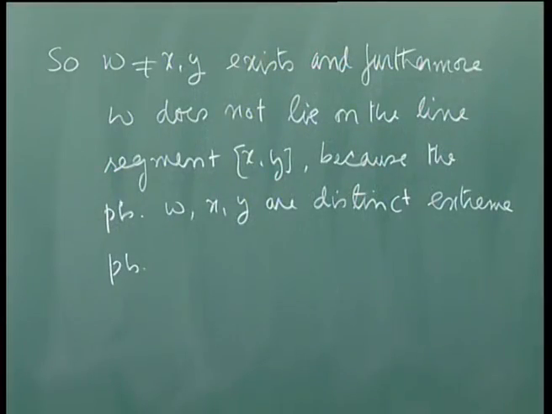In the proof we also have to emphasize, though it has been said, that W, not equal to x, y, exists. We have shown this just now, and furthermore we have also shown that W does not lie on the line segment x, y, because the points W, x, y are distinct extreme points.